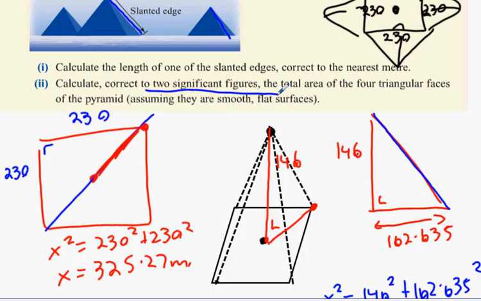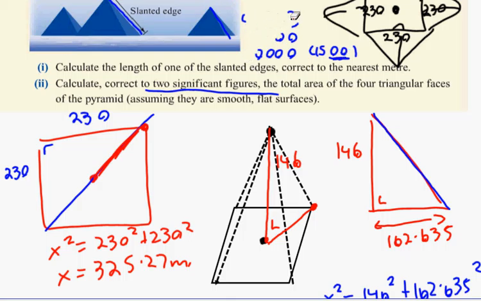For example, 45,163 is 5 significant figures. 45,000 is 2 significant figures. 45,001 would actually be 5, because the zeros are sandwiched in between. Significant figures, right, guys? Okay.